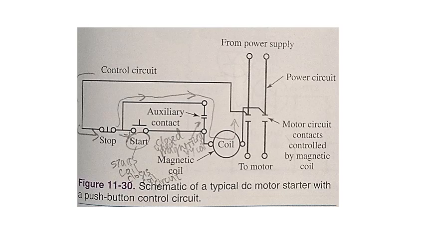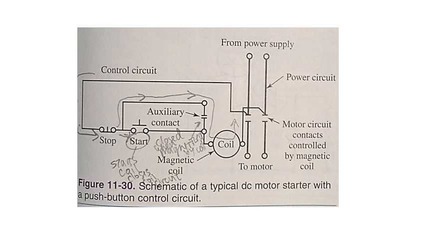1. To start the motor, the push button marked start is pushed closed. A. The action of closing the start button will energize the magnetic coil through the normally closed stop button. B. When the magnetic coil is energized, the two motor contacts and the auxiliary contact close.